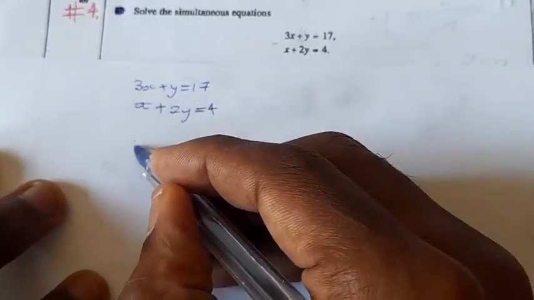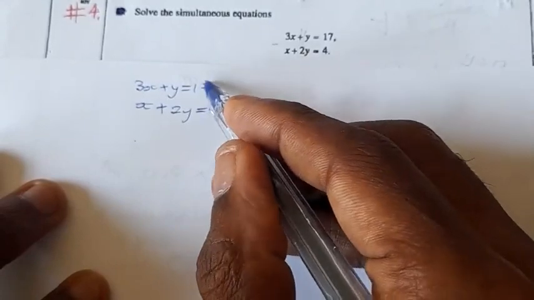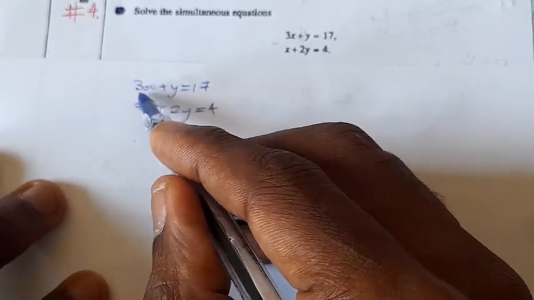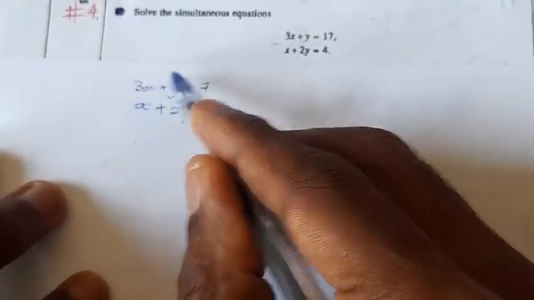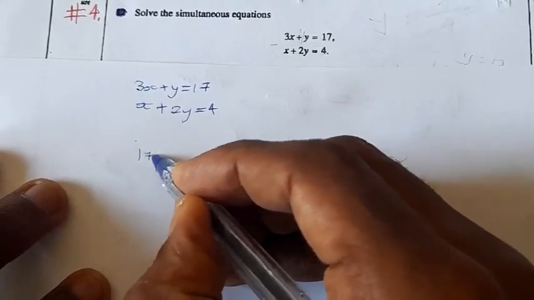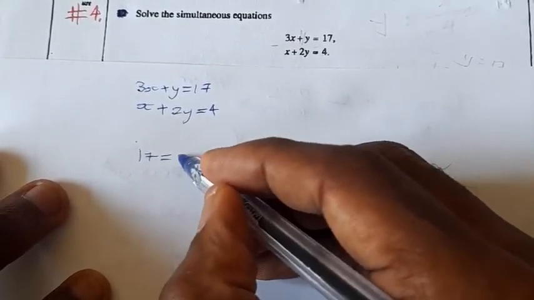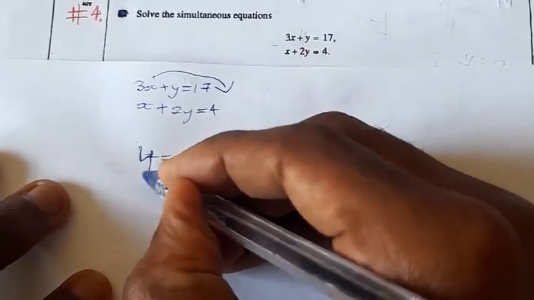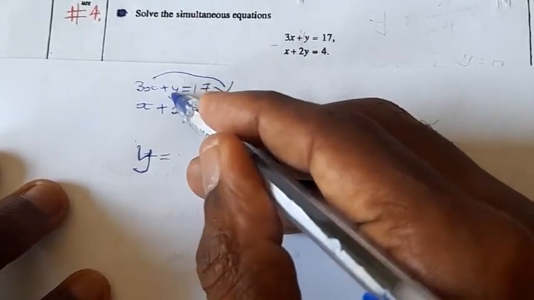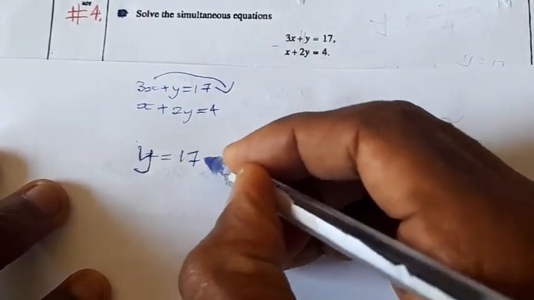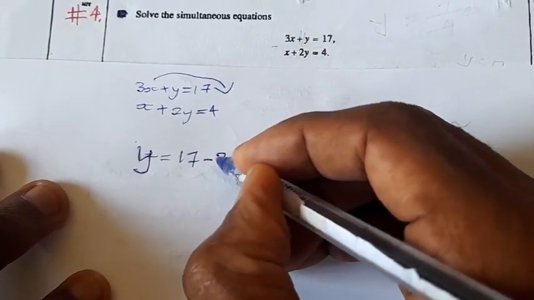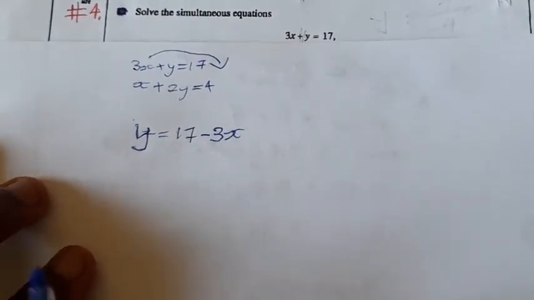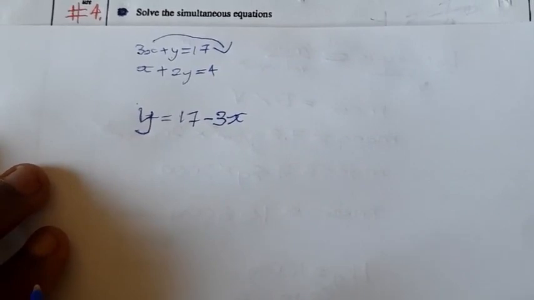To make y the subject of the formula, we take 3x the other side, with 17 here, so y is equals to 17 minus 3x. This is what you are going to use for the substitution method.